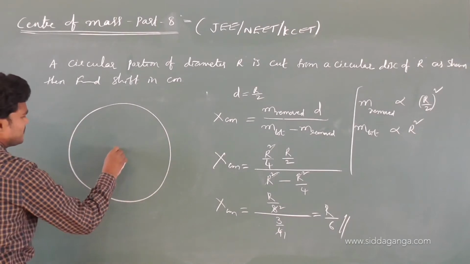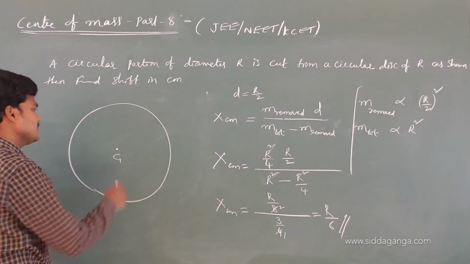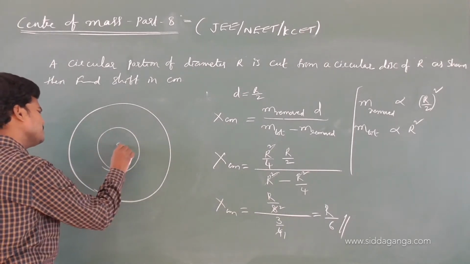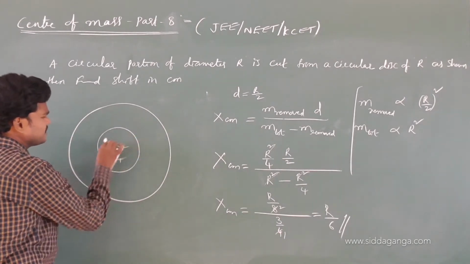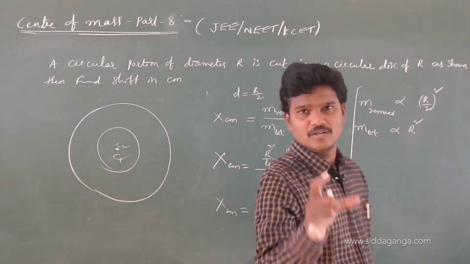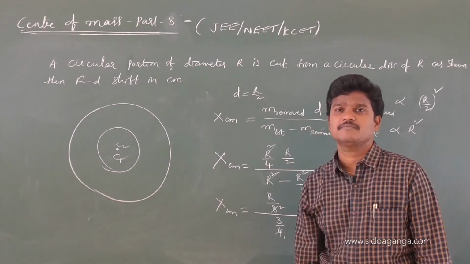Initial center of mass of the disc is C1. Another part is cut at the center like this. Another part's center is also here only. Some more part is cut from the center so that the two centers coincide. Then tell me the shift in center of mass in this situation.